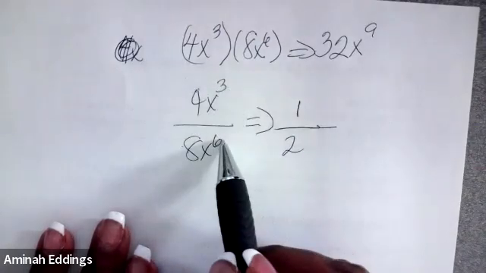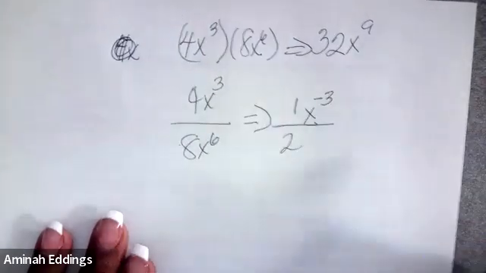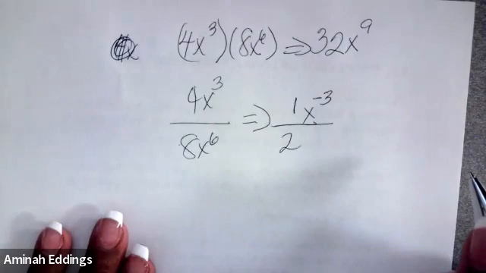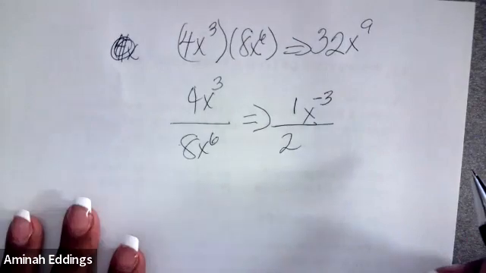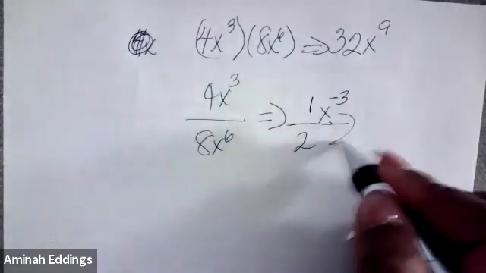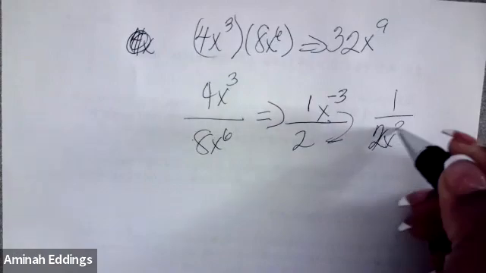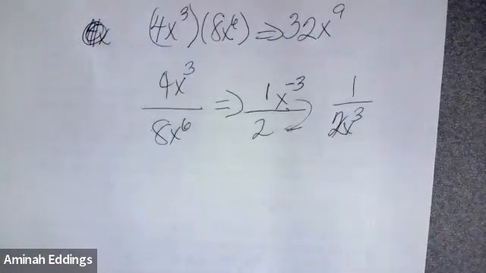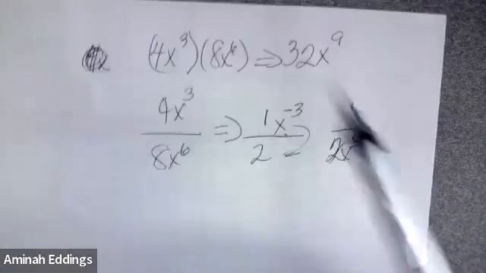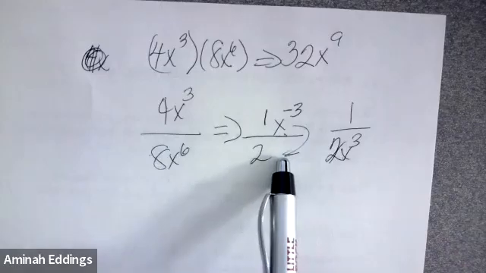So 3 minus 6 is -3, right? Okay, y'all with me? Of course, we will move this to the bottom, so it'll be 1 over 2x to the third. But I want you to think about those two rules. When we multiply, we add exponents, and when we divide, we subtract the exponents, okay?